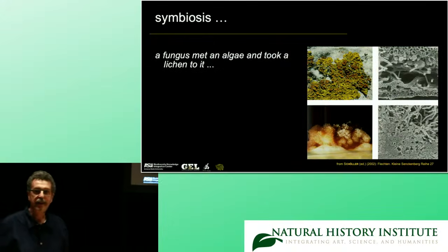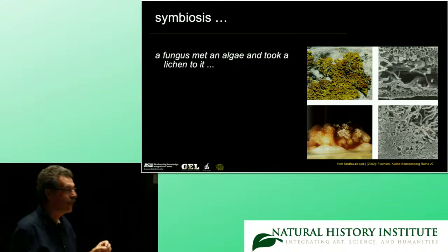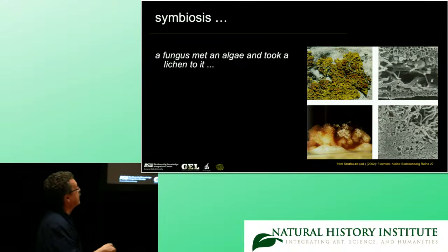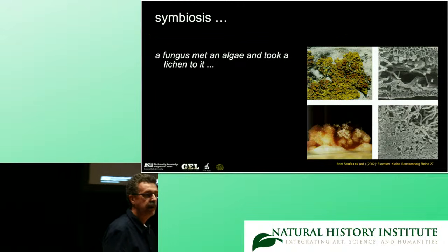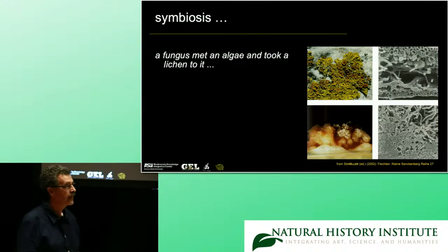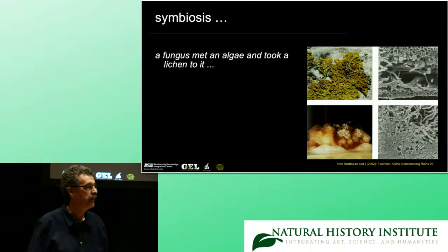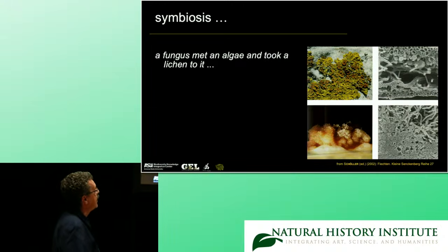But we now know that he actually had quite a good understanding of what lichens were. If you take a lichen on a rock like this one here, this is Xanthoria parietina, which grows, in that case, on a rock in the botanical garden of Zurich in Switzerland. You can cut it open and look at it with an electron microscope, and what you will see is that there are distinct layers built by the fungal hyphae.